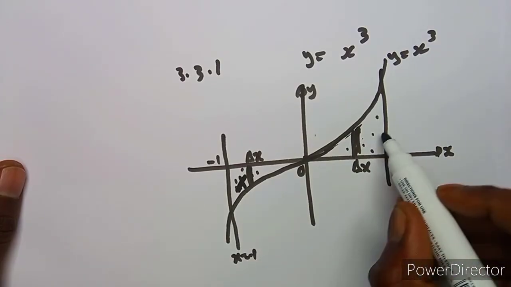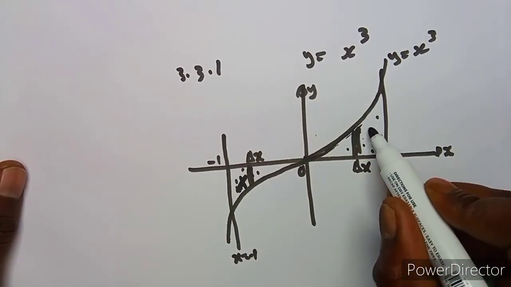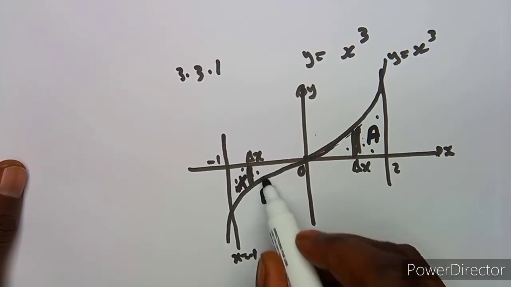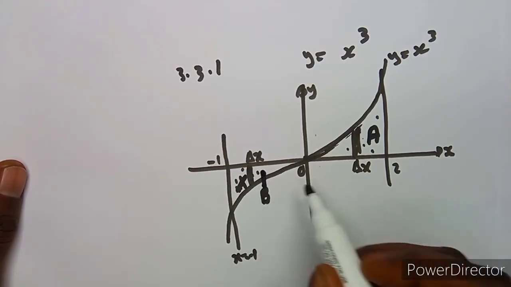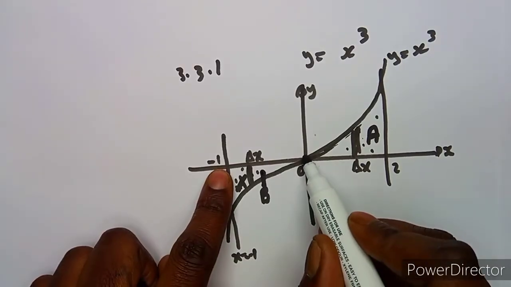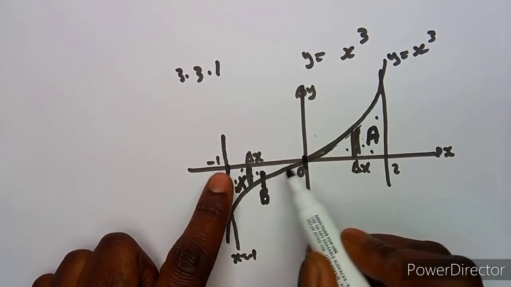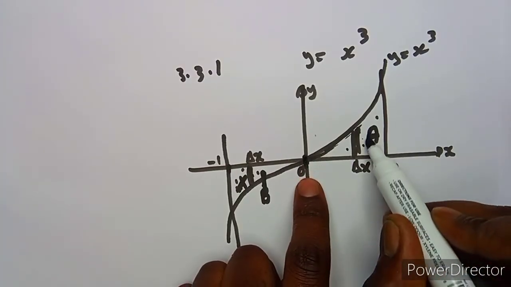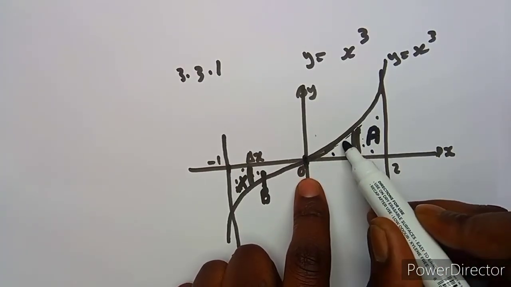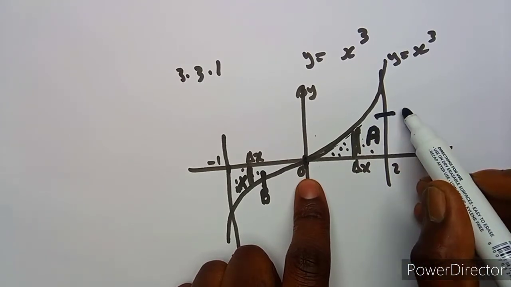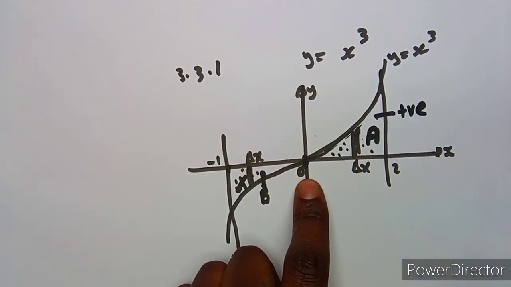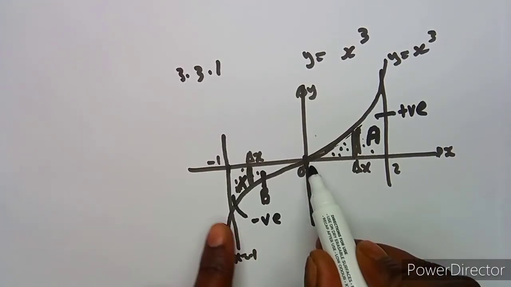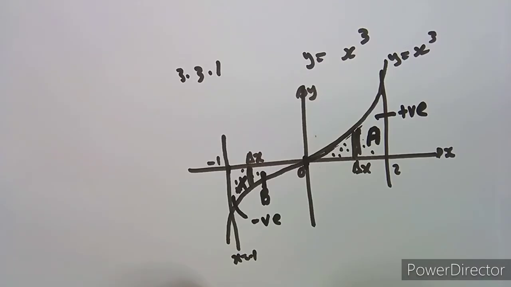Let's just say this is on the positive, this is our area A. On the negative, this is our area B. I mean this area inside here, this is a B. From -1 up to 0 here, these are the limits for B. From 0 up to 2, these are the limits for area A, which is on the positive. So this area is going to be a positive area, and this one is going to be a negative area because it's in the negative region.